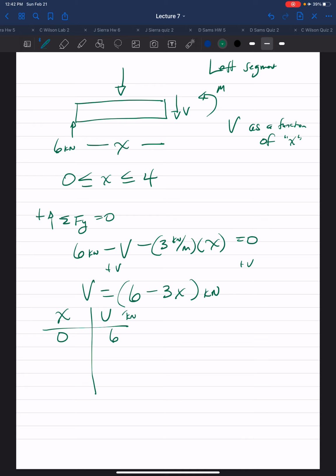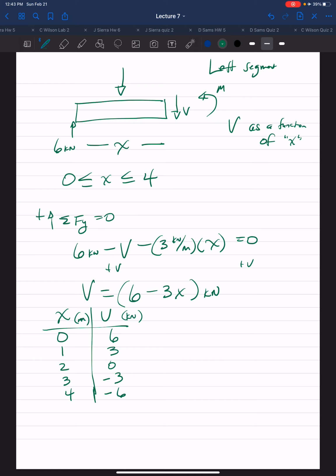And this is kilonewtons. x is in meters. When x is equal to 1, V is equal to 6 minus 3 times 1. When x equals 2, V is equal to 6 minus 3 times 2. When x equals 3, V is equal to 6 minus 3 times 3. Likewise, when x equals 4, V is equal to 6 minus 3 times 4.